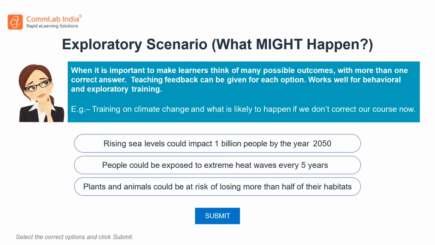Now, this is more likely to stick in the learner's mind than to be just told that something is right or wrong. And for those who selected the best option, it is still a good way to help them explore the other implications. What would happen if they selected something else? So, this works very well for exploratory kind of training, as this example just showed.